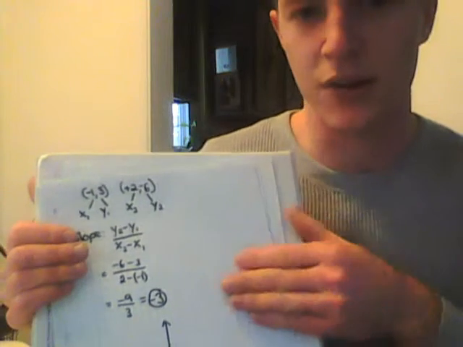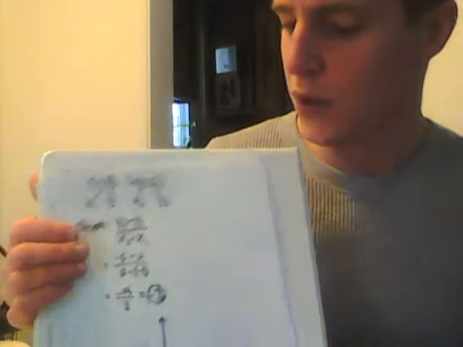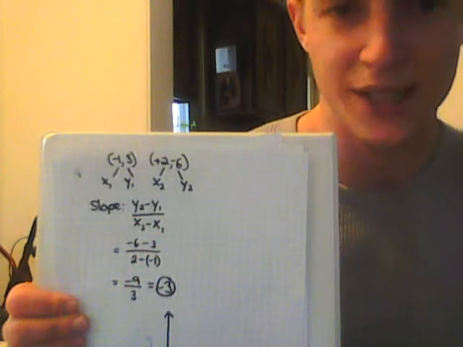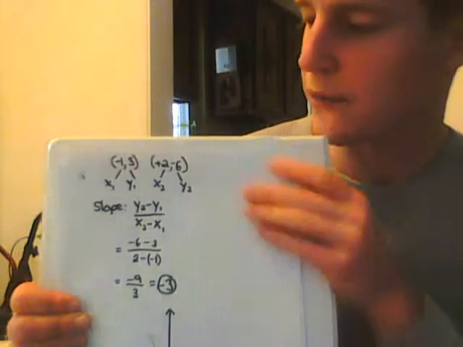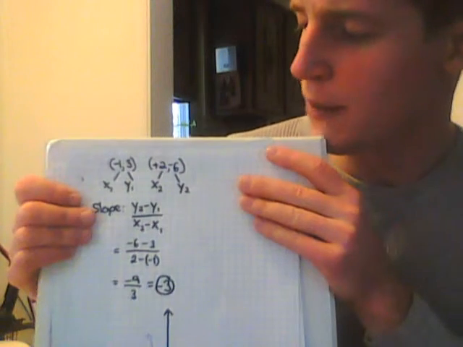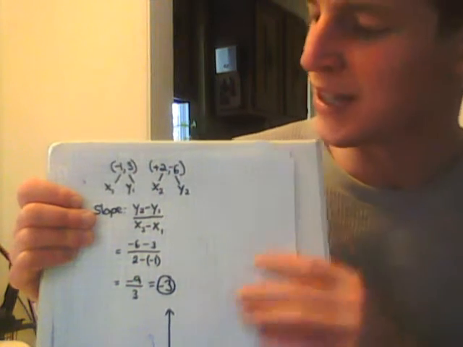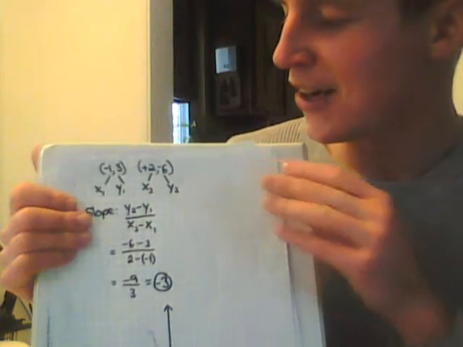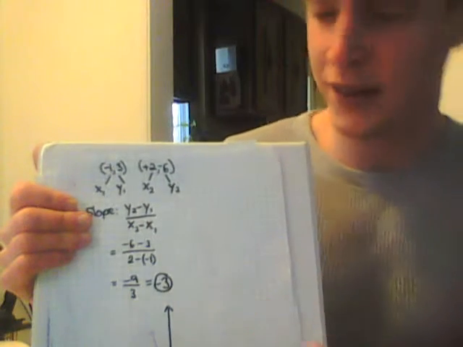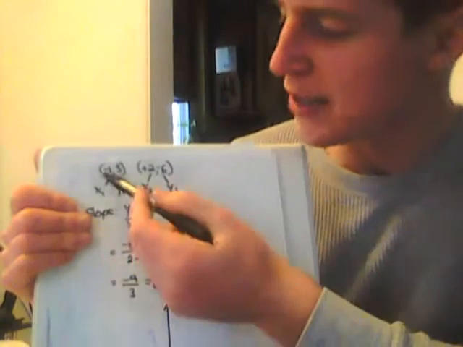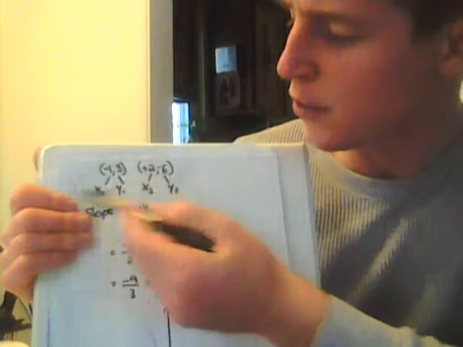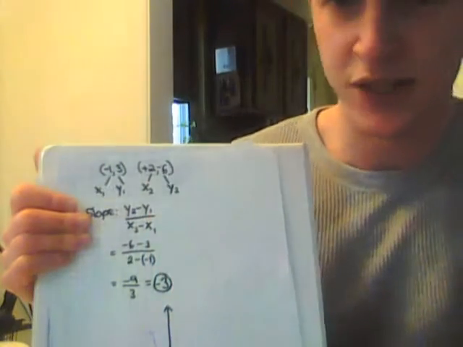Now we also learned how to find the slope when we are just given 2 points on a line, on a function. Now this was probably the most difficult part, but I think it's the most fun, and I really hope you enjoyed it too. So let's see, our first line, we were given 2 points. Negative 1, 3 is our first point, and then 2, negative 6 is our second point.